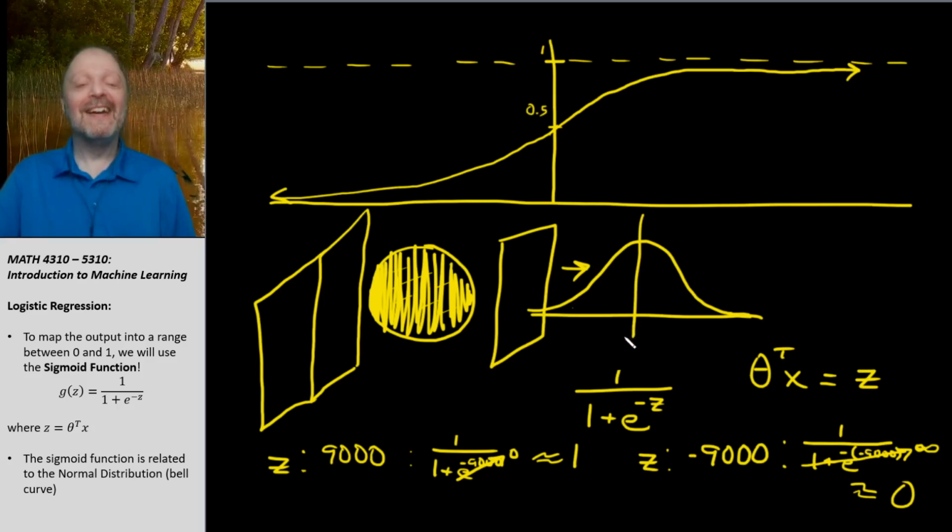So that's the sigmoid function, and that's why it's incredibly useful. The sigmoid function takes any value and maps it to something that's either really close to 0 or really close to 1, and every value in between. What I was saying is that this is a little bit sharper than this.